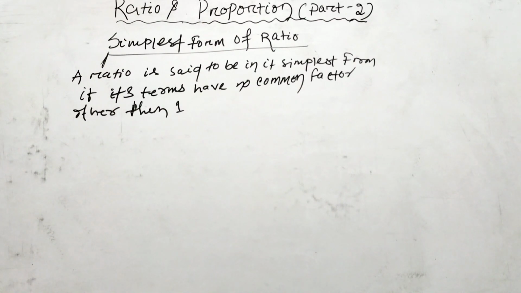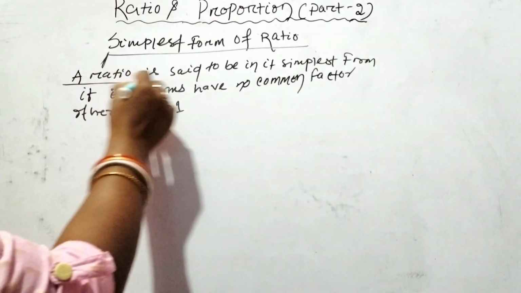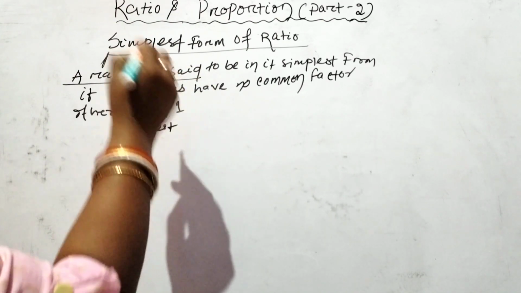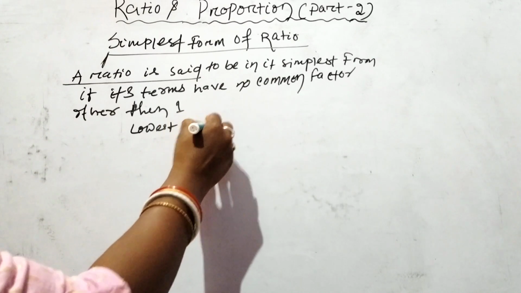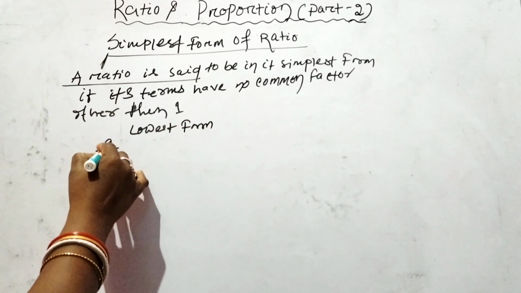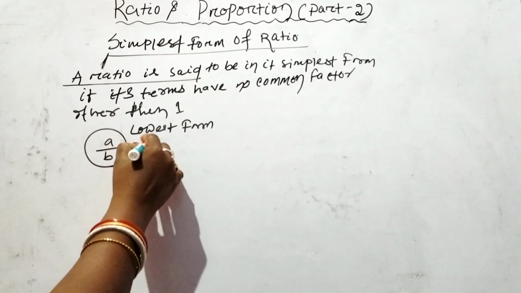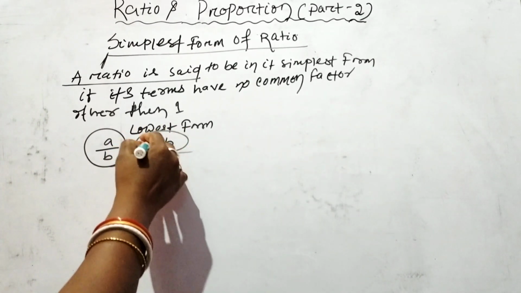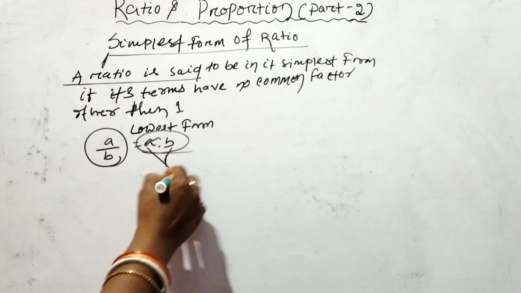The ratio is then in the simplest form, also called the lowest form or reduced form. If I say the ratio A is to B is in the lowest form, that means the common factor between A and B is 1.